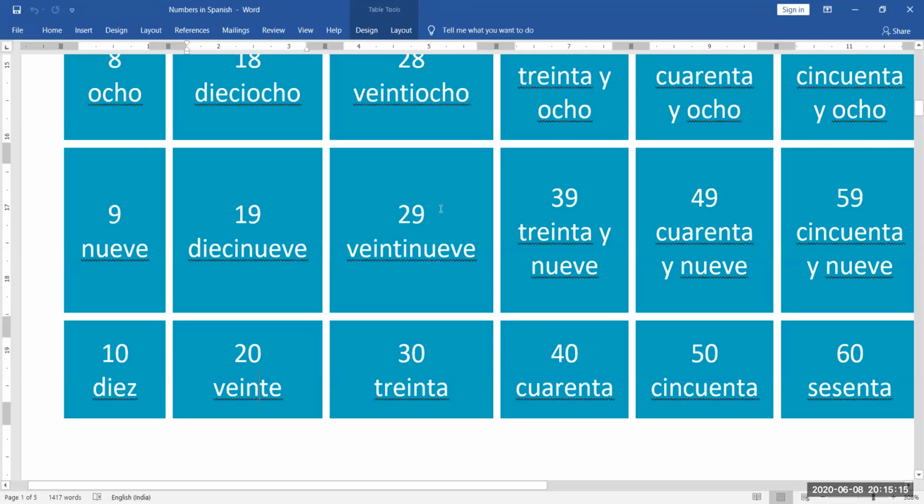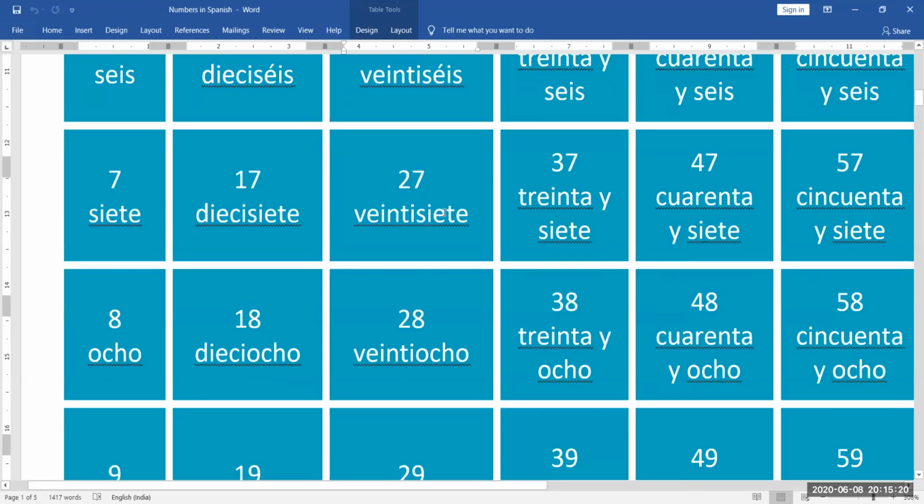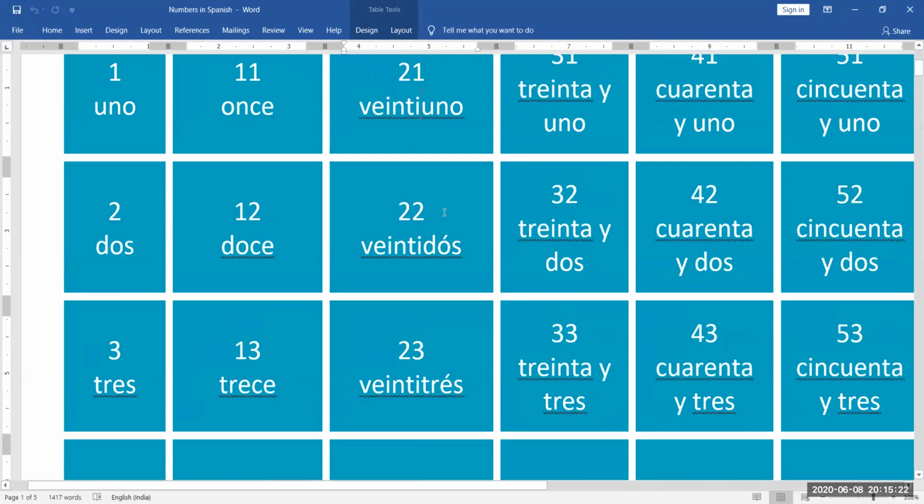Now the trick for all the other numbers is the same as English. So in English you have 21, 22, 23. The same thing applies in Spanish as well. So for 21 it will be veintiuno.